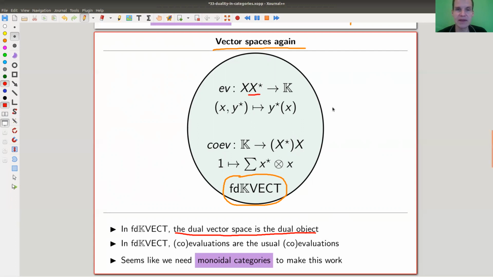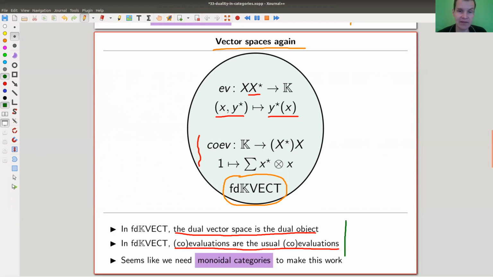A dual vector space is linear forms, and you can just take your pair of a vector and a linear form, and you just evaluate the linear form on the vector. And there's a corresponding co-evaluation map as well. It's really just the dual map, but maybe it's a little bit harder to think about. So in vector spaces, we have all of these maps, and you can check that they satisfy the zigzag relation. And that's what we want to model it on.